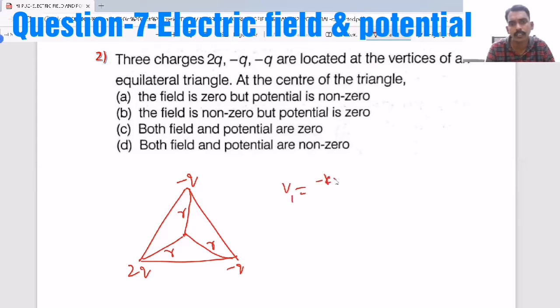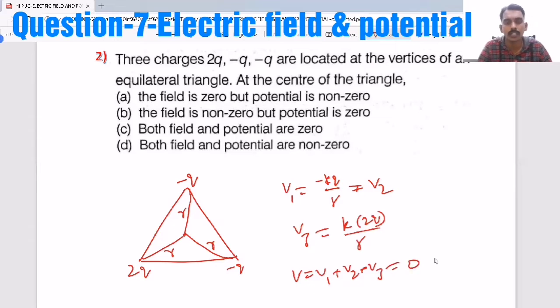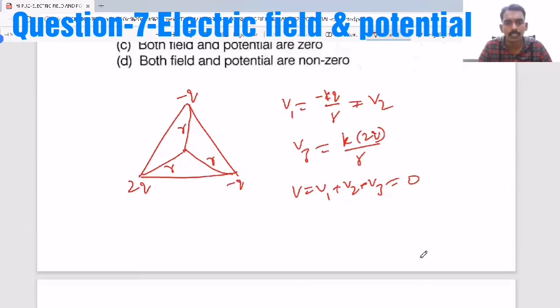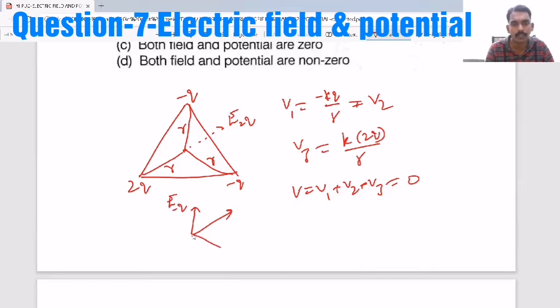Then V1 equal to minus KQ by R, that is also equal to V2, but V3 is K into 2Q by R. So the total potential, if you take V1 plus V2 plus V3, comes out to be 0. But for the resultant electric field at the center, the field due to 2Q is away in this direction, this is the field due to one minus Q, and this is the field due to another minus Q.